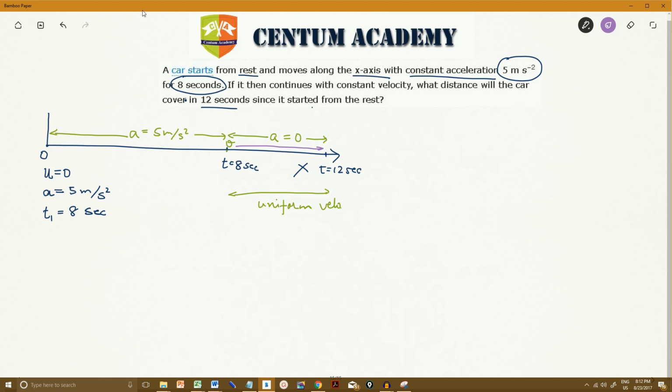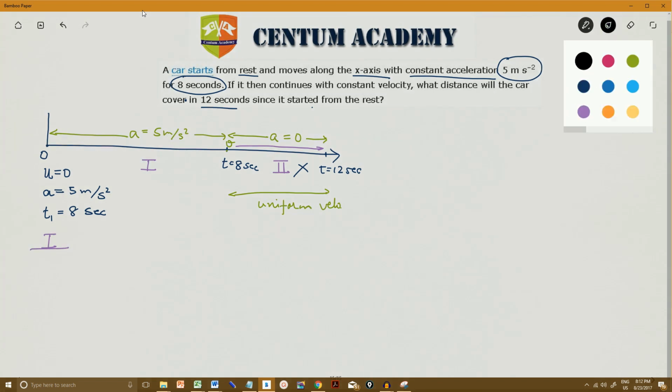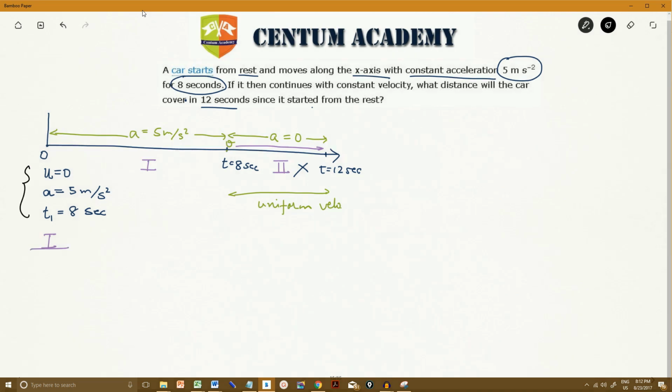Now, we can divide this whole problem into two parts. Let's analyze the first part. The same information which is mentioned here is for phase 1. Let's find out the velocity v.